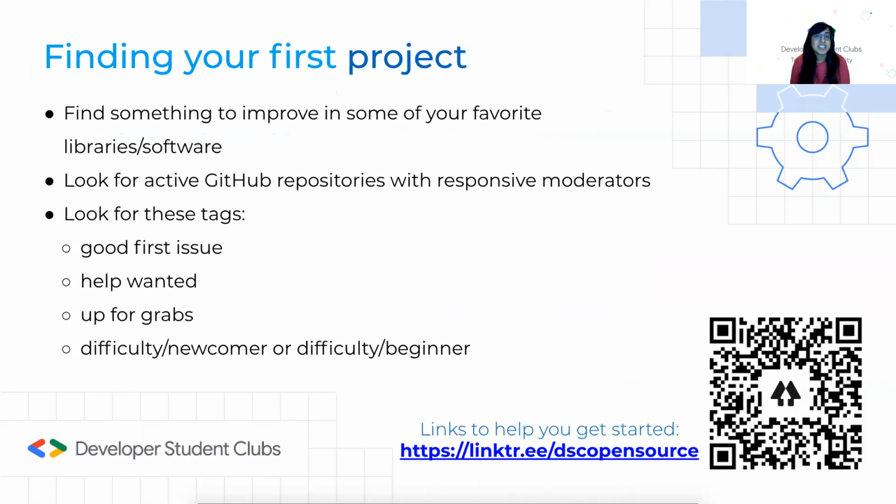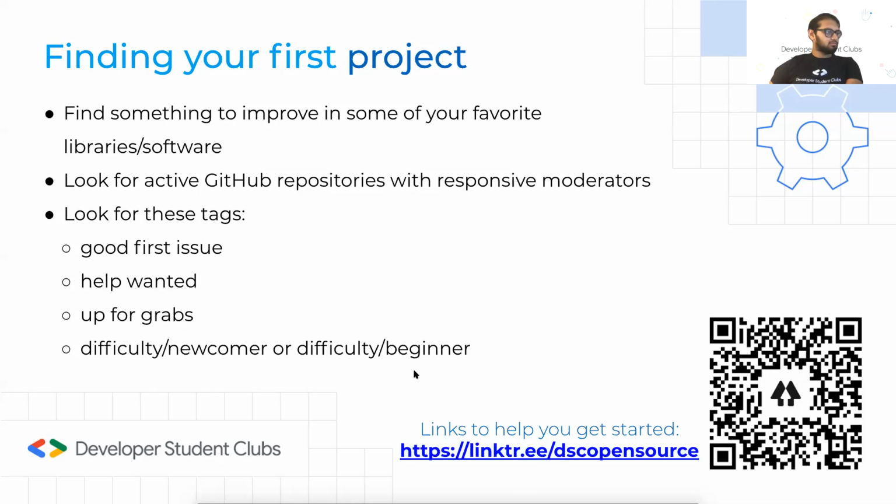You can check the history of issues and commits to see if it's still being worked on. Some other ways of finding projects is to use some of the links in the link tree below to find tags that are specifically directed towards those who are interested in starting open source projects, and they might be tagged with difficulty as beginner, or good first issues, or up for grabs and help wanted.